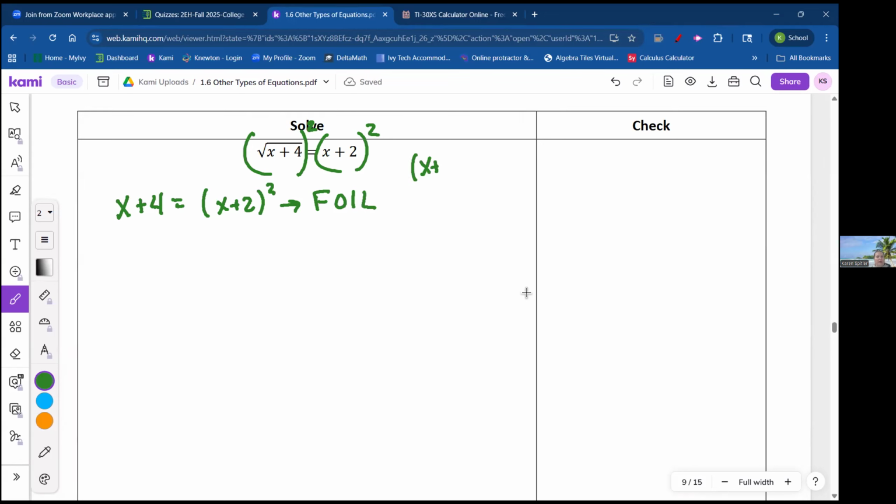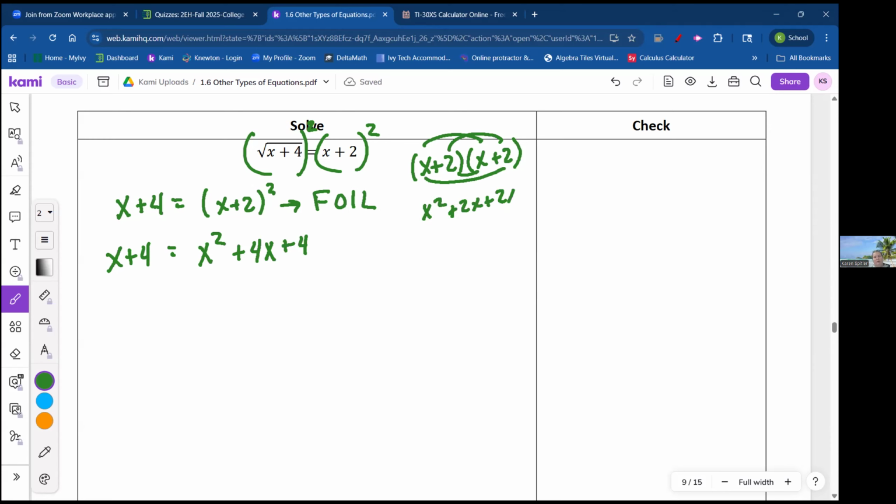So you've got to write it off to the side and FOIL it. x times x, we've got x squared, and then 2x plus 2x, that's 4x. And then 2 times 2 is 4, right? So you've got x squared plus 2x plus 2x plus 4.